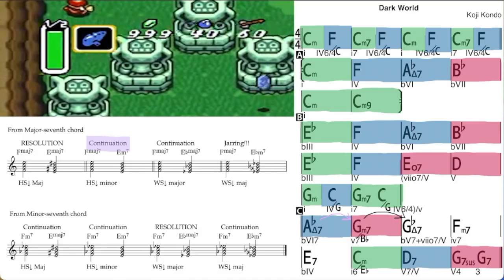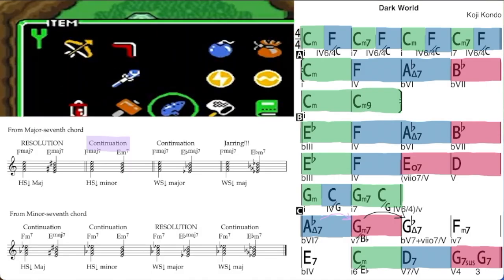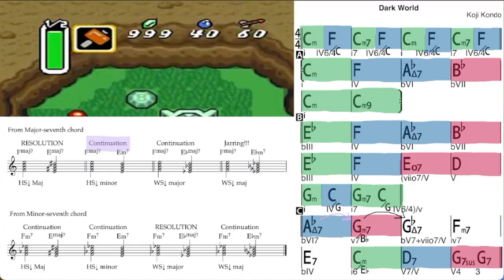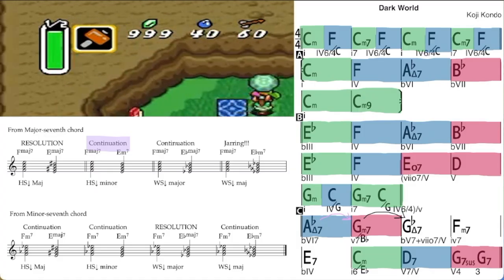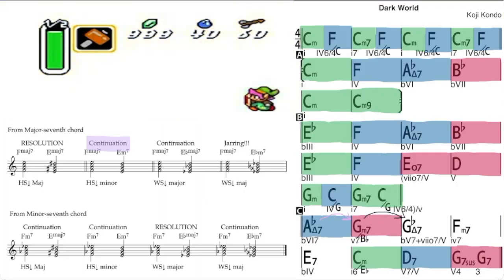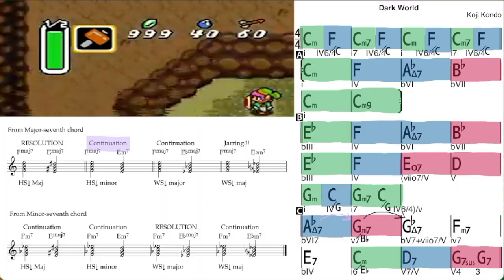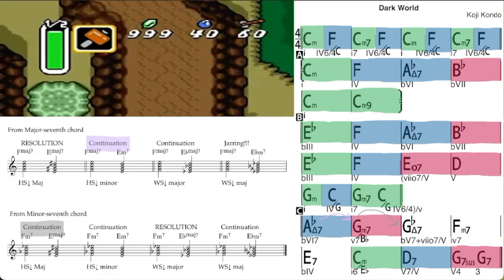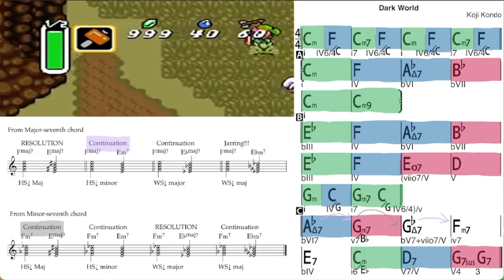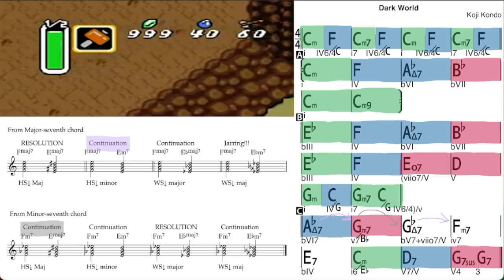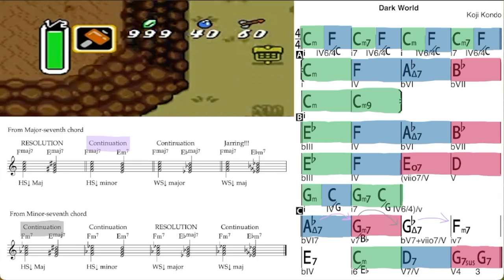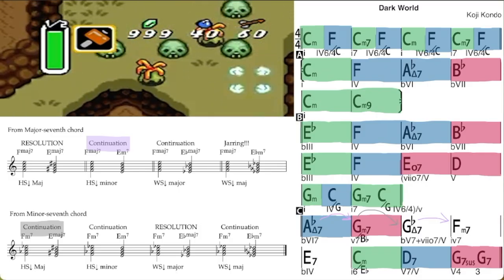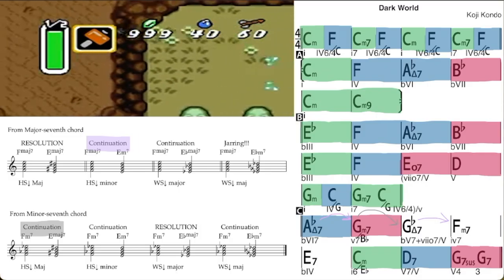And then we have a minor 7 chord moving down a half step to a major 7 chord, and that would be also continuous. And then we get the same thing before, right? So we have a major 7 chord moving to a minor 7 chord, moving to a major 7 chord, moving to a minor 7 chord. So we have this pattern going on.